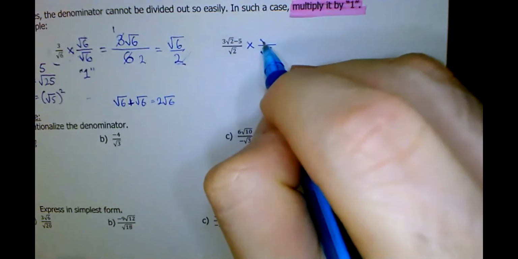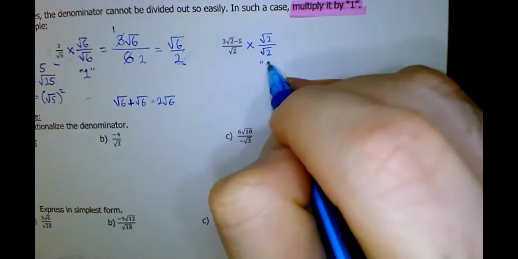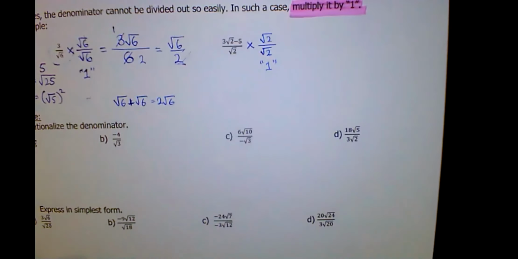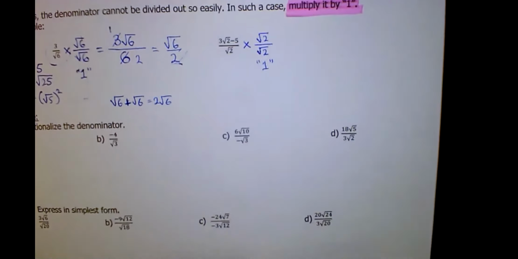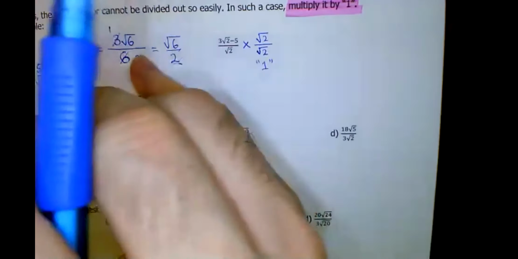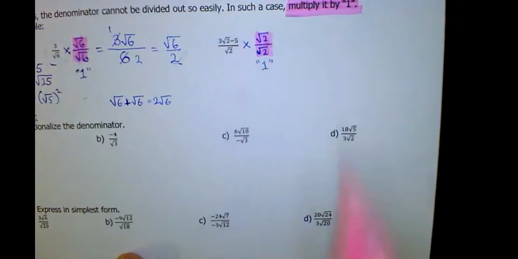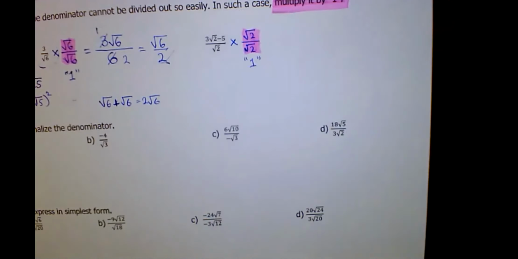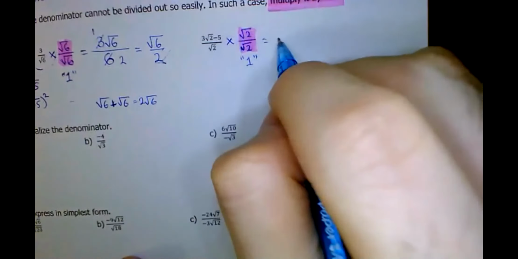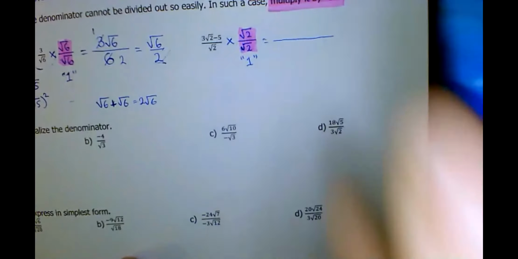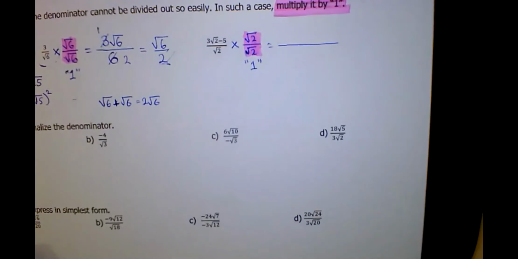But I can't multiply it out of nowhere, so I'm going to multiply it by 1. That's a 1, right? Maybe I should square it with the highlighter so that people know what I mean by 1. And so multiplying across. Sorry, Ivan, I didn't realize you had to type it all.